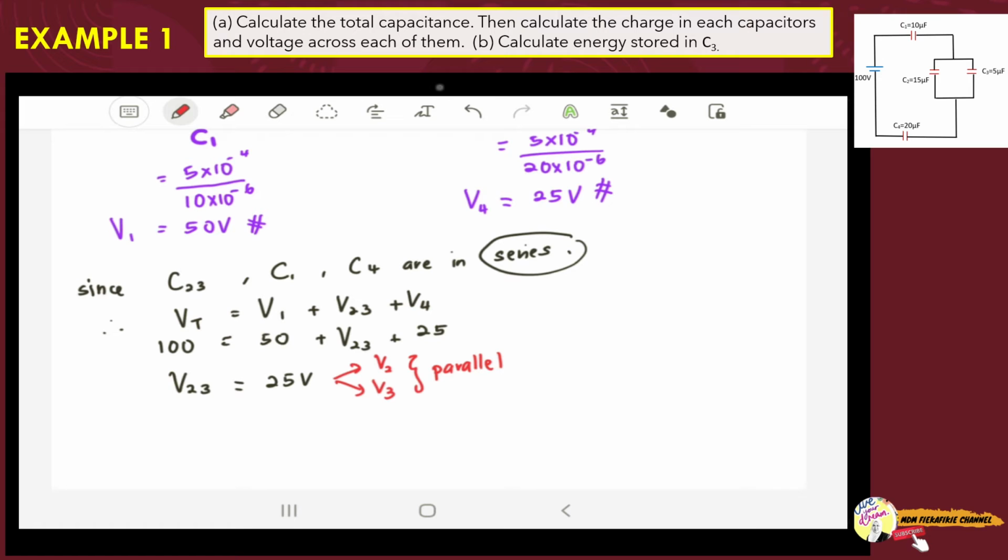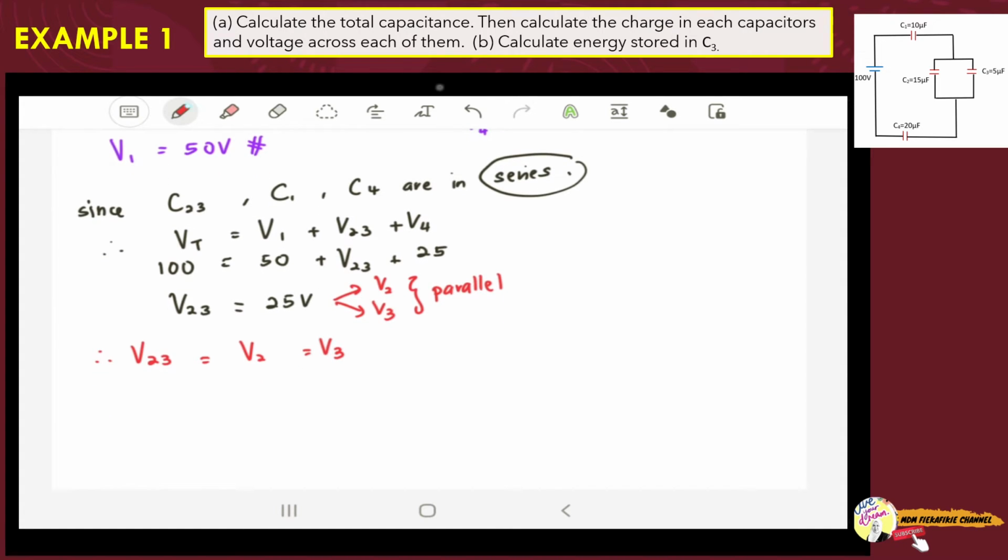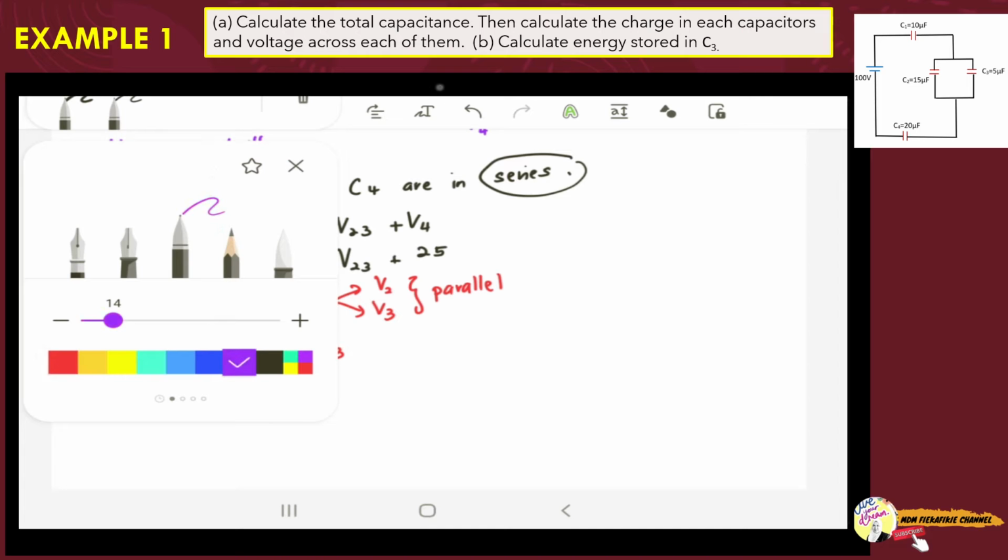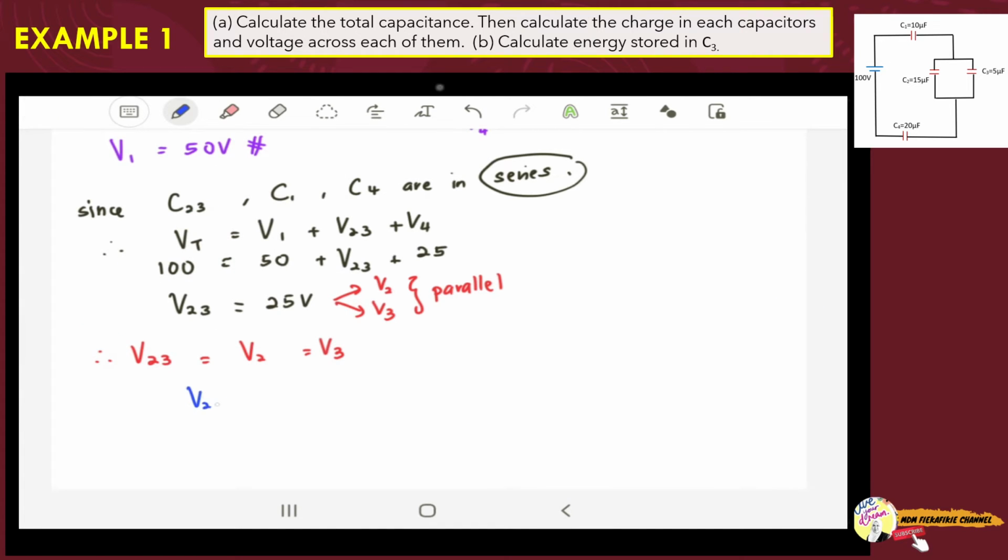So you kena tahu parallel ataupun series. So since V2 and V3 are in parallel, therefore you can write V23 is equal to V2 is equal to V3. So final answer, you can write your final answer. V2 is equal to 25 volt. V3 also equal to 25 volt.